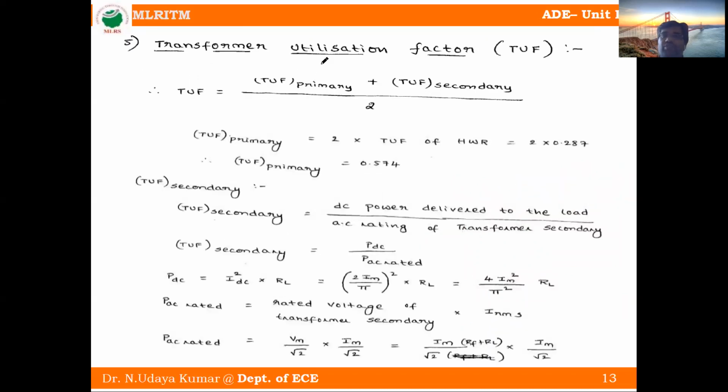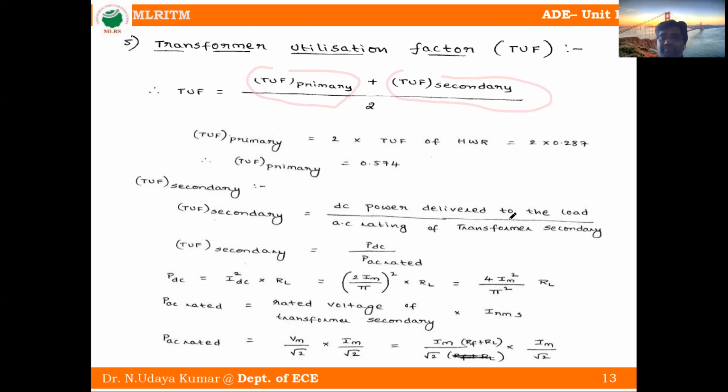Next, the transformer utilization factor, also called TUF. The transformer has two windings. We take the primary winding TUF plus the secondary winding TUF, divided by 2. We get 0.287 for the primary winding and 0.812 for the secondary winding.